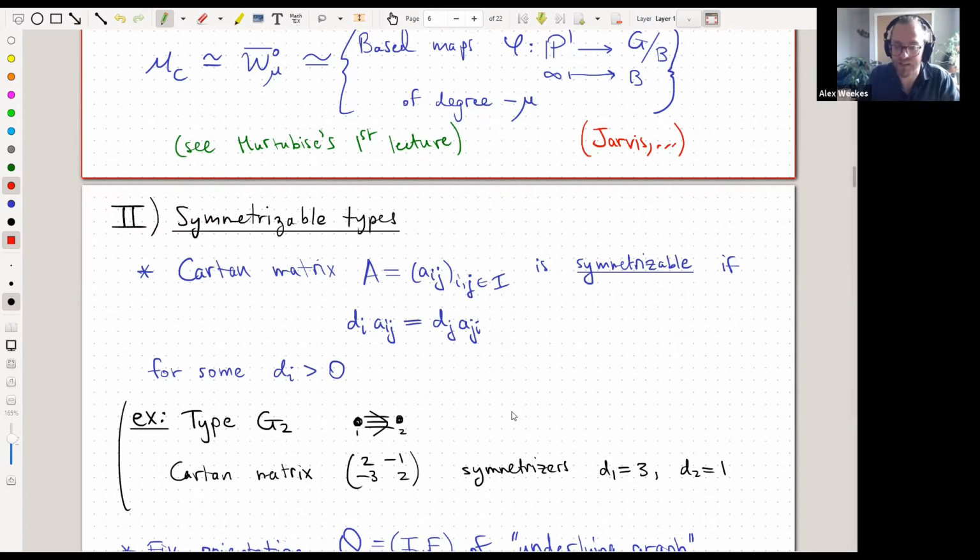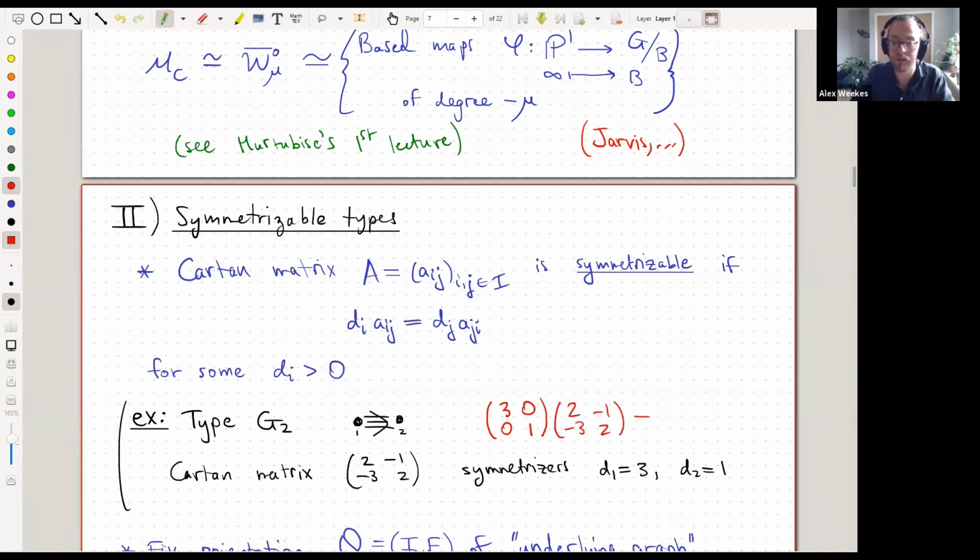And again, just for the sake of clarity, what does that mean? It means that if we take the diagonal matrix 3, 0, 0, 1 and multiply that with the Cartan matrix, we're supposed to get a symmetric matrix out. And here we get 6, -3, -3, 2, which is indeed symmetric. So type G2 is symmetrizable.